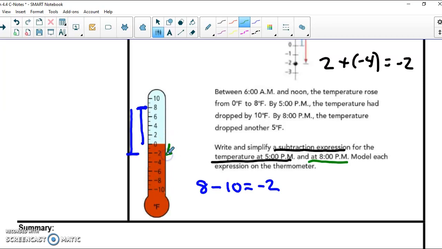So I'm going to go down 2 degrees from 0, and I end up here at negative 2. And then I know that the temperature is going to drop another 5 degrees. So from negative 2, I need to go down 1, 2, 3, 4, 5, which is going to bring me to negative 7.